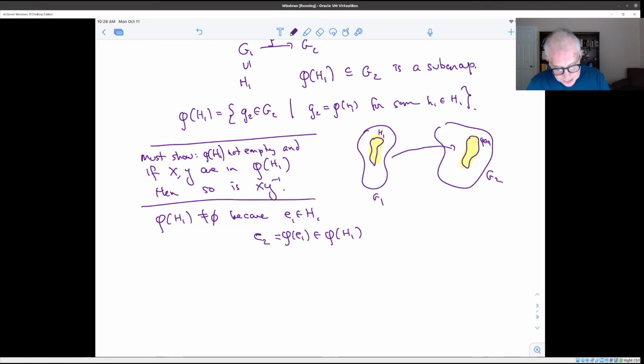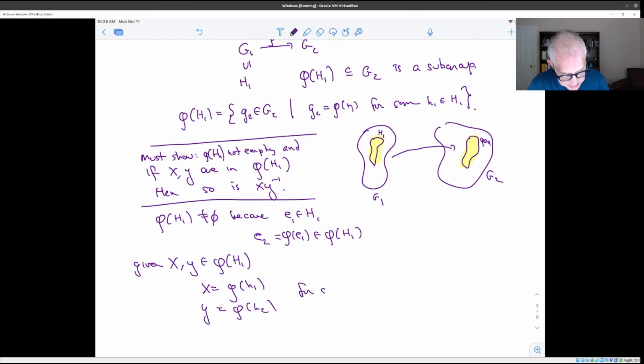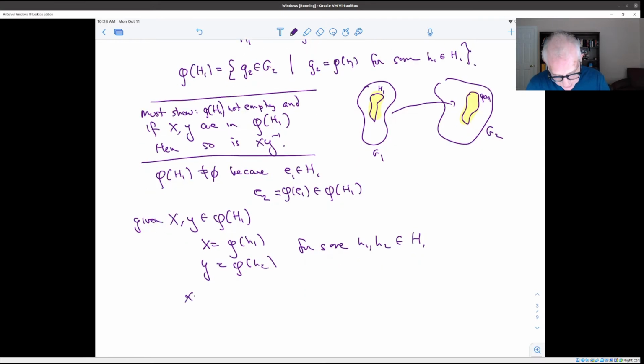So now we can use the criterion. If we take X and Y in phi of H1, we know that X is phi of H1 and Y is phi of H2 for some elements. And then XY inverse is phi of H1, phi of H2 inverse.